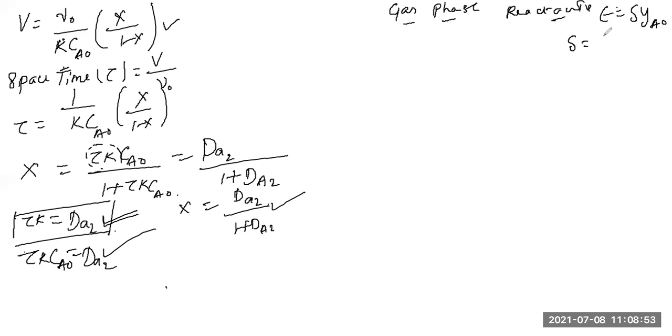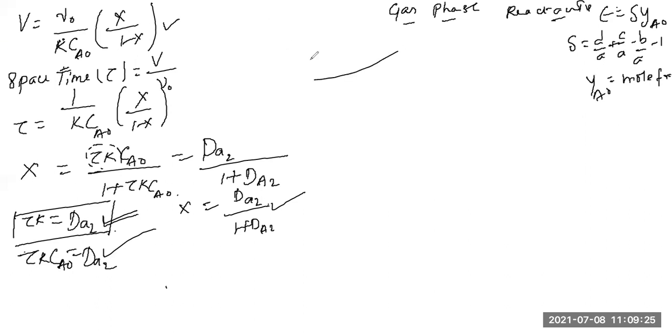This is the increase in the number of moles, so you should know from where we got this. Delta equals d upon a plus c upon a minus b upon a minus 1, and YA0 is the mole fraction of A. You should know all this to understand what we are doing now.